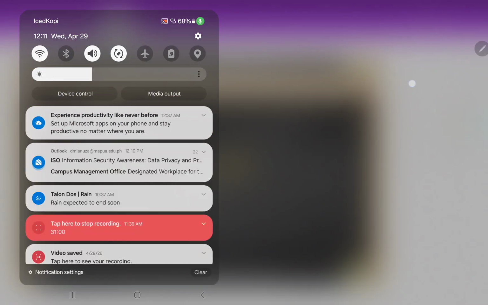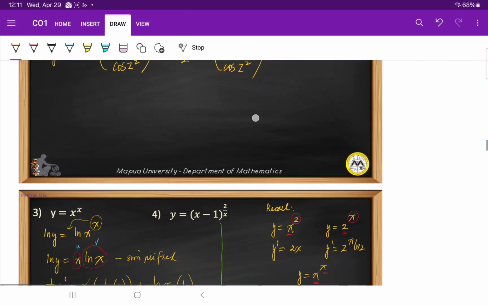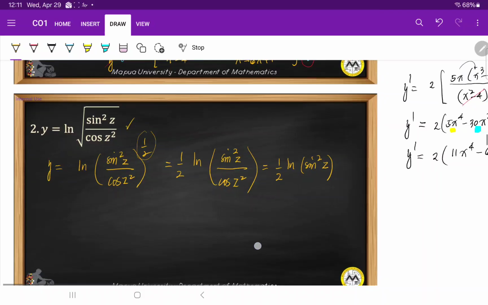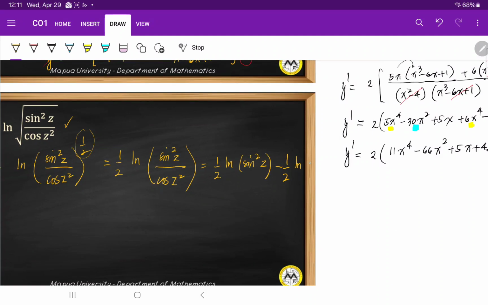Right? And then you have here a quotient. So we can simplify this further so that we have what? This is equal to 1/2 ln of sine square z, then minus 1/2, distribute the 1/2, ln of, hindi makita.